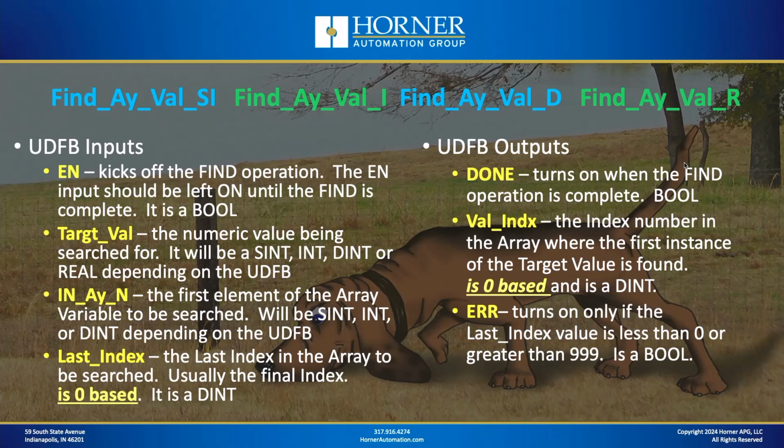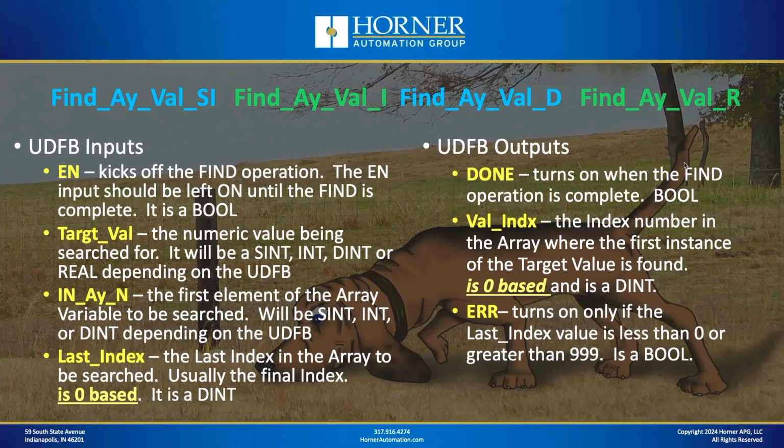So that's the 3rd input on the list there. And again, it's going to vary in its type depending on the type of array it is, whether it's short integer, double integer, or real. And then the last thing you specify is the last index that you want the UDFB to search through. Okay, because it has the capability of searching as far as up to 1,000 elements, 0 to 999, in a particular array.